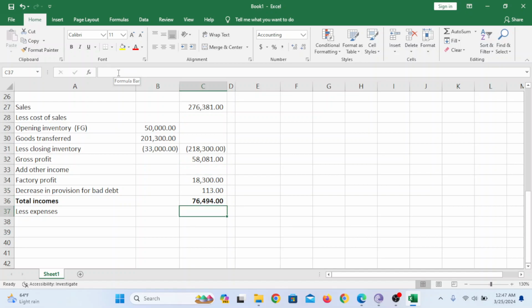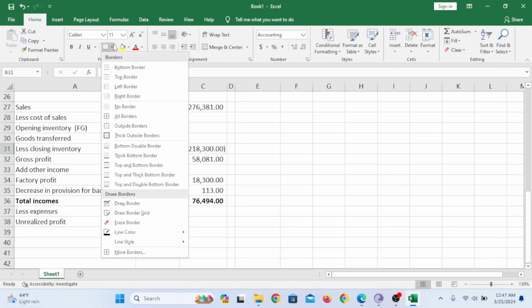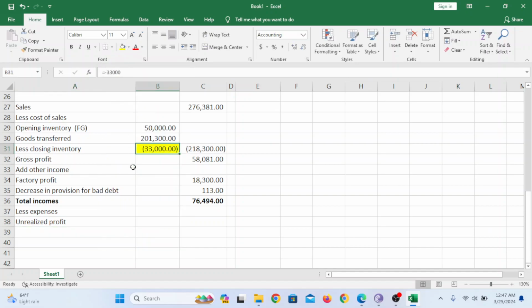So we less the expenses. The first expense is the unrealized profit. On the closing inventory, this 33 has a profit in it because it was transferred as part of the goods that were transferred at a profit, which was 10% on cost markup.